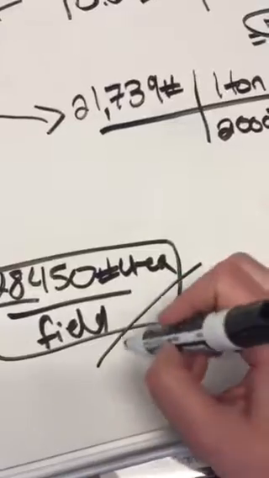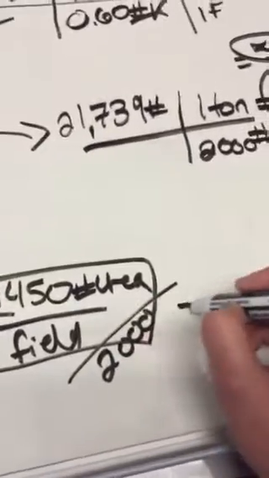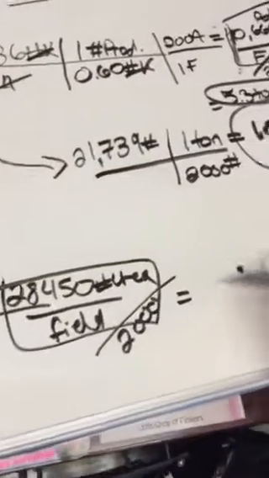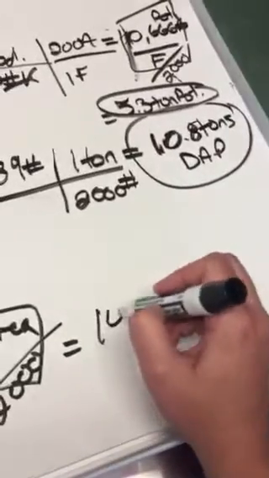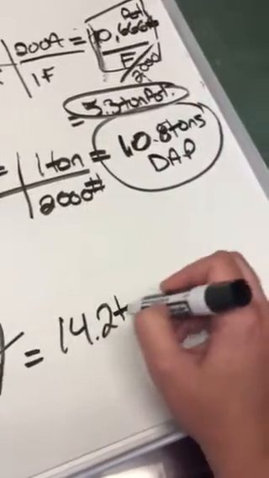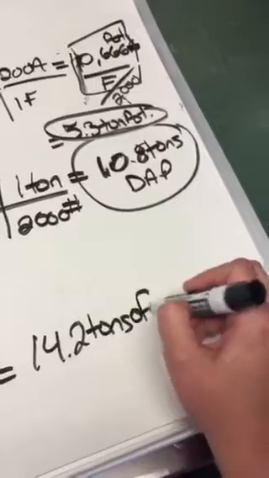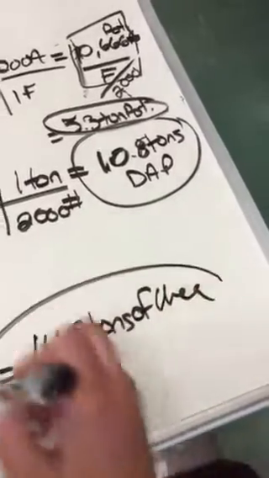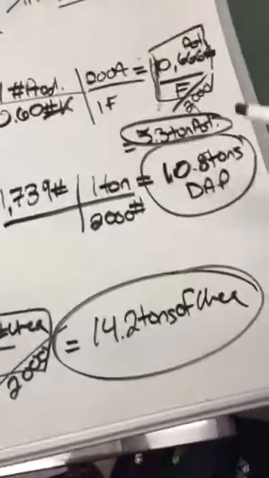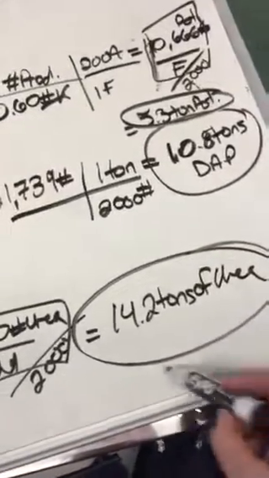And then lastly, coming on down to urea, divide that by 2,000 gives us 14.2 tons of urea. And now if it asks how much is in the custom blend, you just take this 5.3, this 10.8, and this 14.2 and add them all together to give your total tons of custom blend.